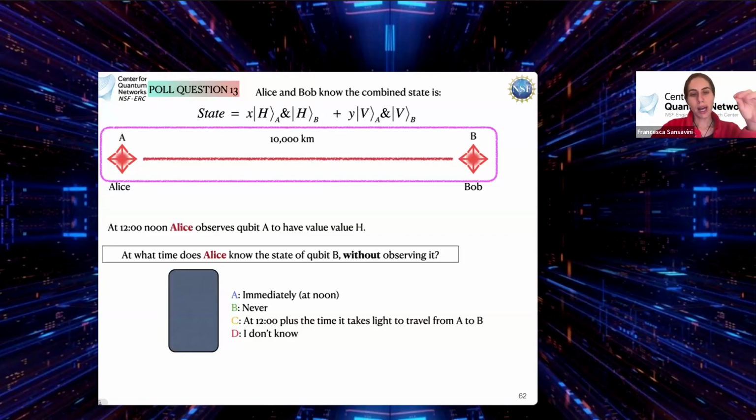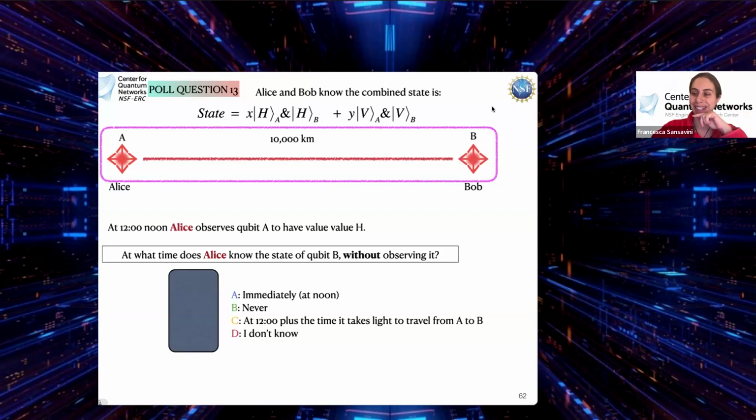Imagine that at noon, Alice observes qubit A, and she sees that it has value H. Now the question is, at what time does Alice know the state of Bob's qubit, qubit B, without observing it? Is it immediately? Is it never? Or at noon plus the time it takes light to travel from A to B?